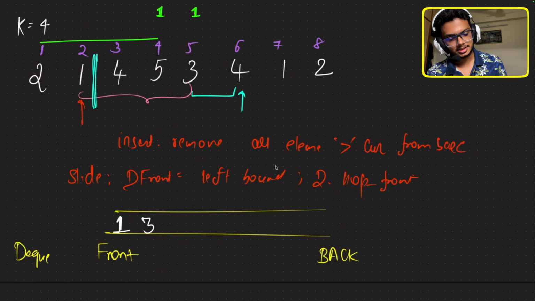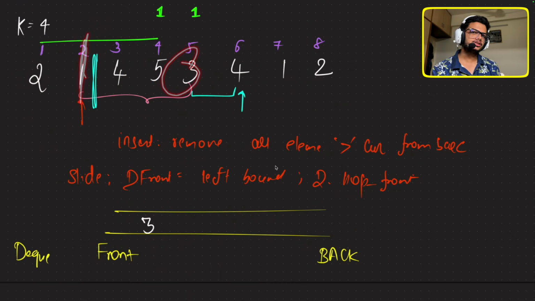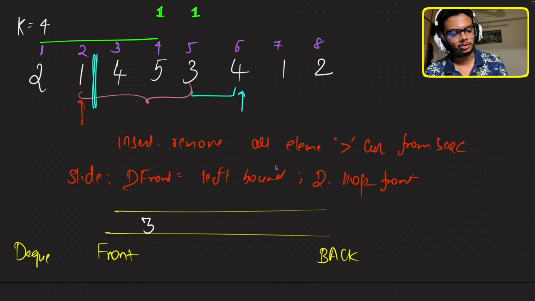So you have to remove this 1. But notice, when you remove this 1, automatically we have the next smallest element of this window stored, right? Then we add 4, but since there are no elements greater than 4, we add 4 automatically, right?